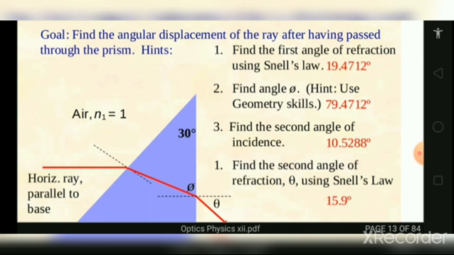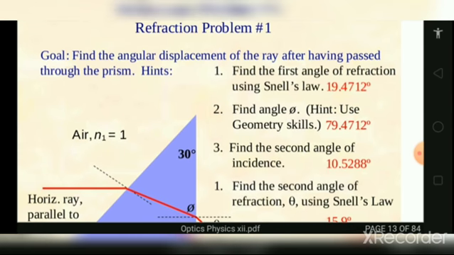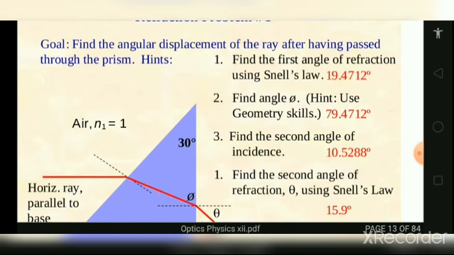First find the angle of refraction, then find phi, then find the second angle of incidence, then find the second angle of refraction using Snell's law. This is a kind of sum you have to try yourself. The solution will be given in the next video.